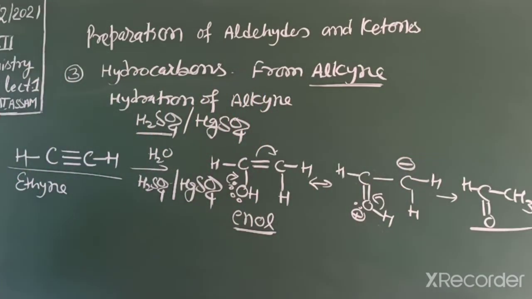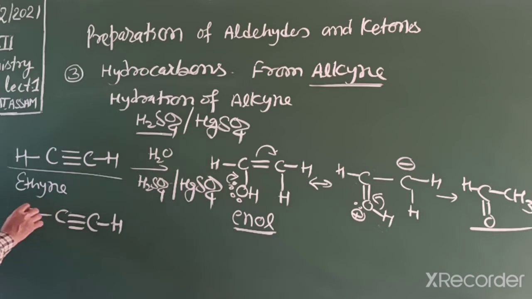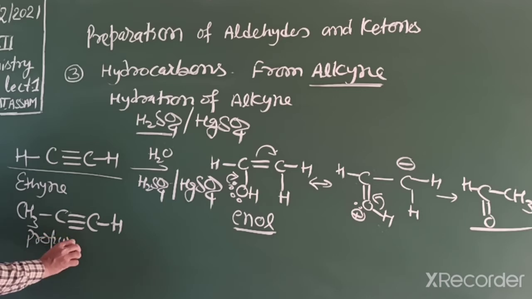If we take another alkyne, other than this, like propyne, then the product we get is a ketone.